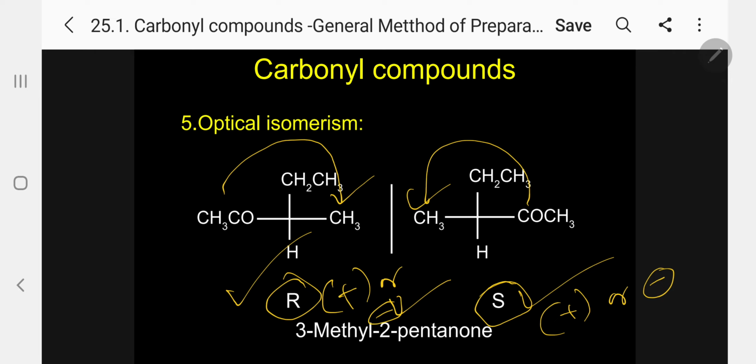Please follow. But for simplicity, we can write the RS configuration in the notebook or on the board in 2 dimensions, saying that R may be plus or minus, S may be plus or minus. So it is optical isomerism. These two isomers are called enantiomers.